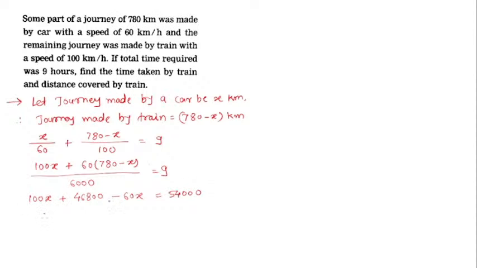ते पुढचे इक्वेशन 100x minus 60x, that's 40x is equal to 54,000 plus 46,800 त्या बाजूला घेतले तर minus 46,800 होईल. So 40x is equal to 54,000 minus 46,800. It would be 7,200.